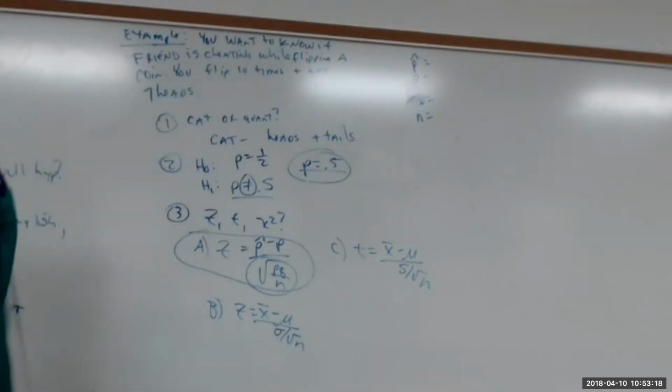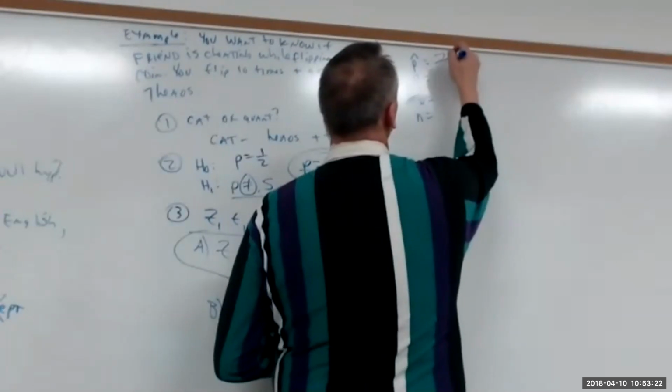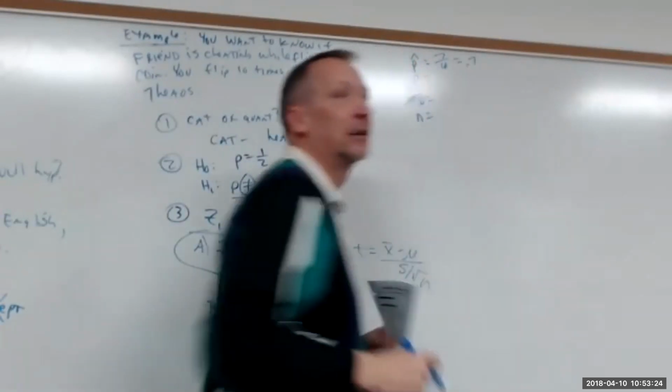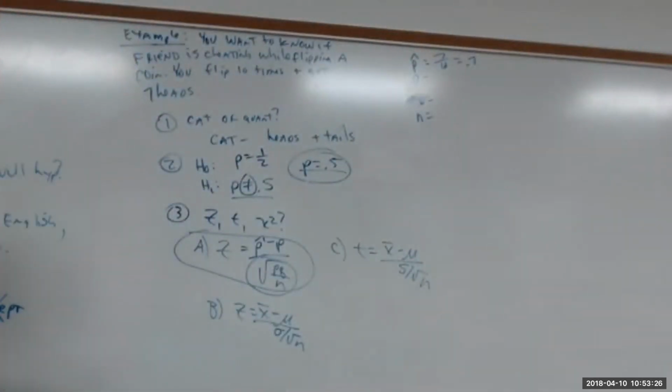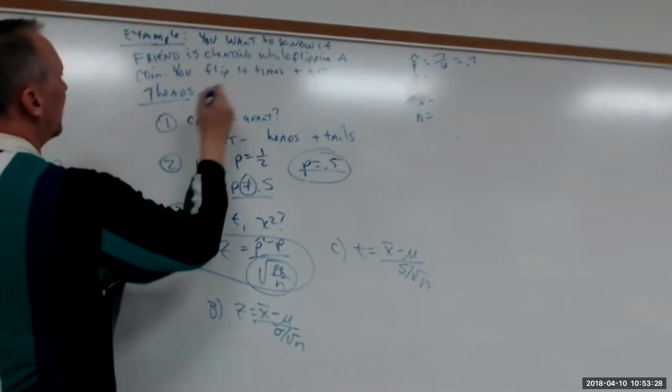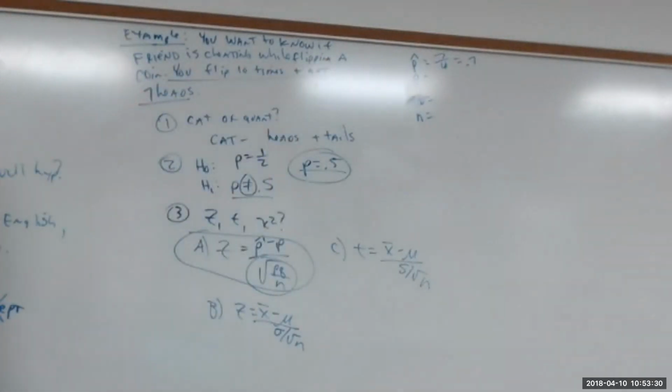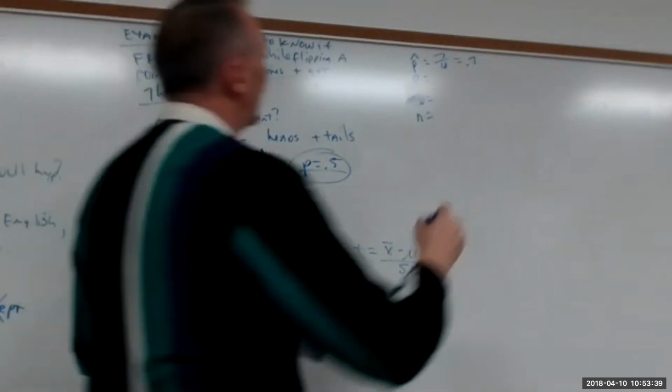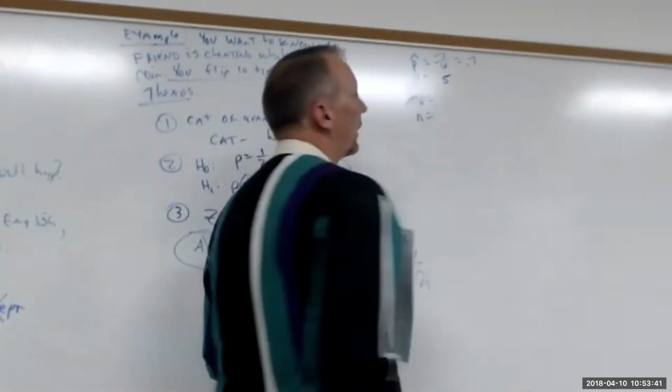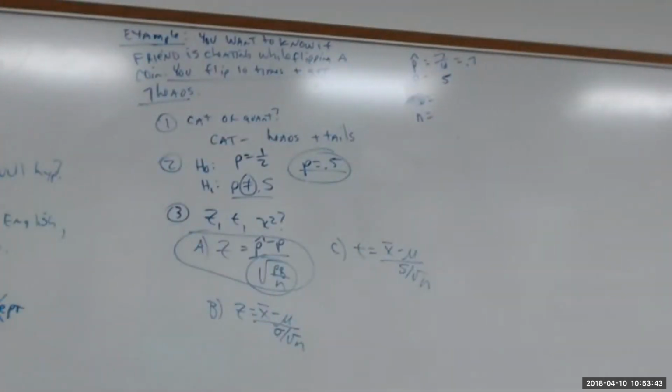So Aaron, what's p hat? 0.7, or 7 out of 10, right? We get that right from your experiment. You flip it 10 times, you got 7 heads. What's P? 0.5, where did you get 0.5 from? It's right there.